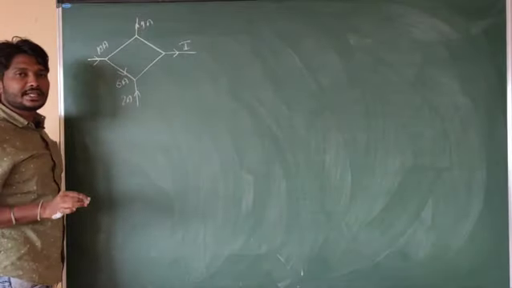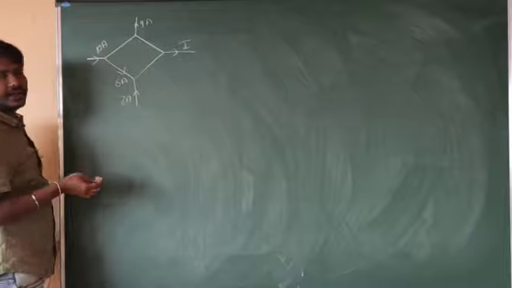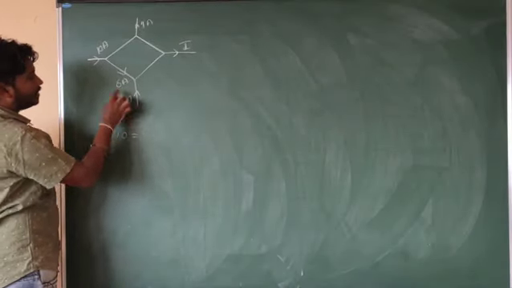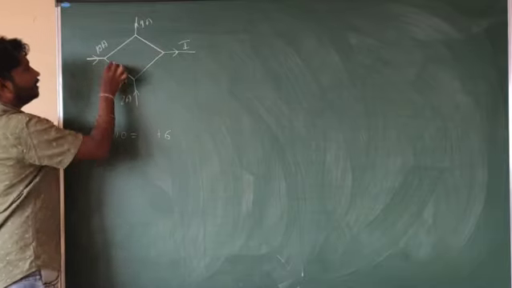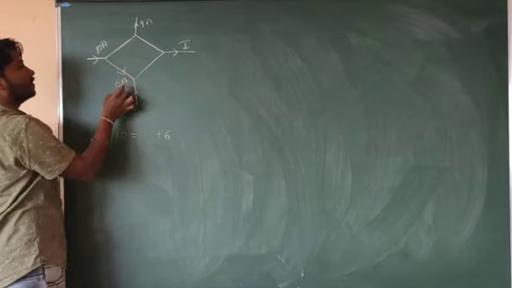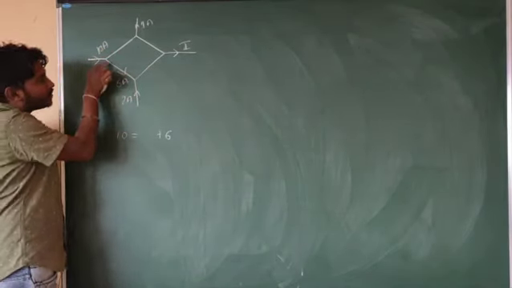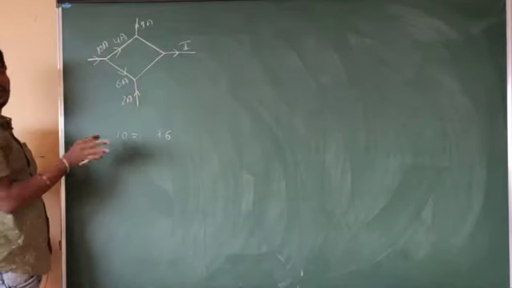From KCL, sum of entering current is equal to leaving current. Which is the entering current? 10 ampere is the entering current. What are the leaving currents here? So here 6 amp of current is flowing. 10 ampere is entering means 10 ampere will leave. So here 6 ampere, so the remaining current, 4 ampere, is flowing in the other wire.